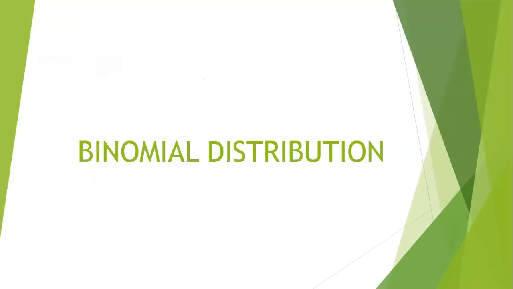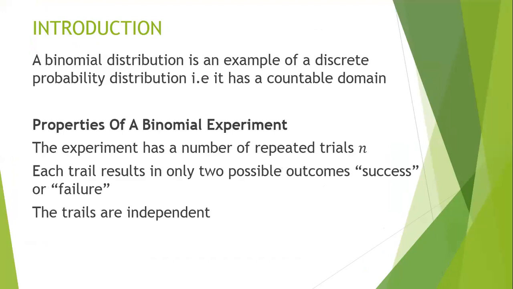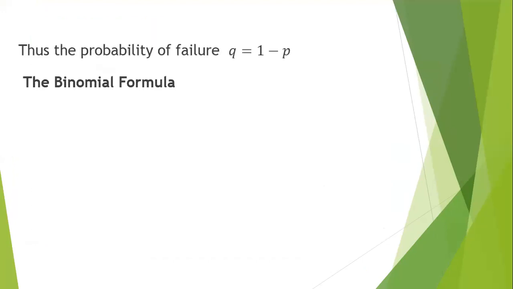So we have talked about the properties of a binomial experiment. We also said that the probability of failure, q, is equal to 1 minus p, because of the law of total probability: when we add total probability, it gives us 1.